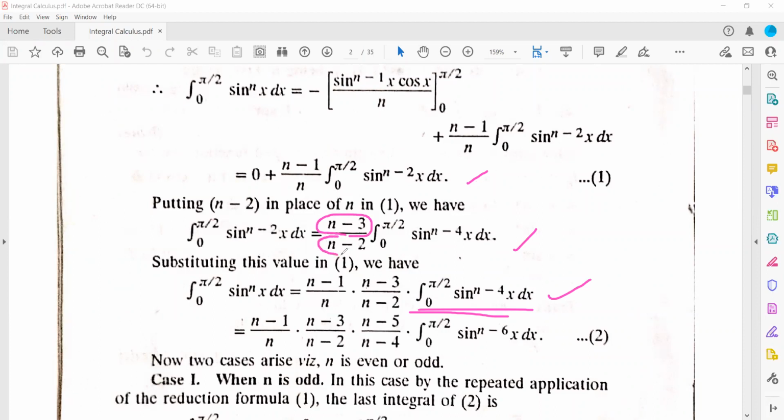And the denominator will be the same as this, the power of sine. And here the power of sine is 2 less than the power of sine here. So it is n minus 4.